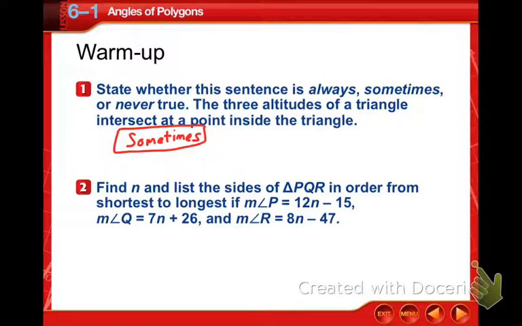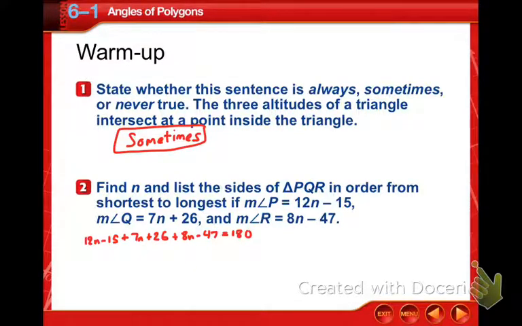So first off, to find n, we know that all the angles of a triangle need to sum to 180. We have what the measures are in terms of n here. So that means that 12n minus 15 plus 7n plus 26 plus 8n minus 47 has to equal 180.